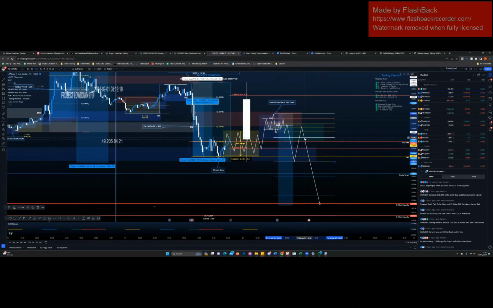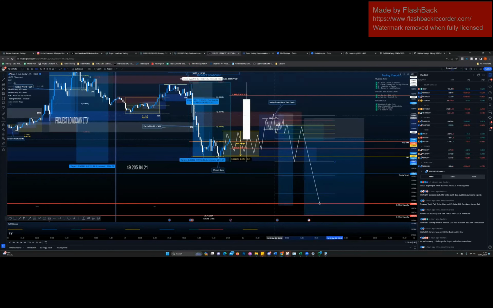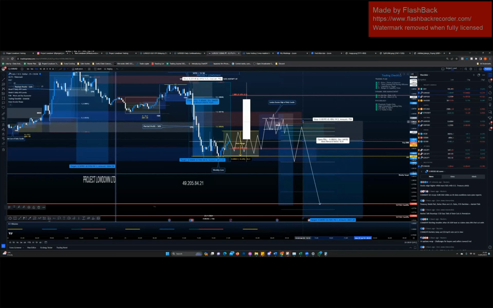Stop loss here, entry, right side of the V. So you enter with no drawdown, break even, TP1, TP2, TP3, or you draw your fib from the liquidity POI. Break even, TP1, TP2, TP3.